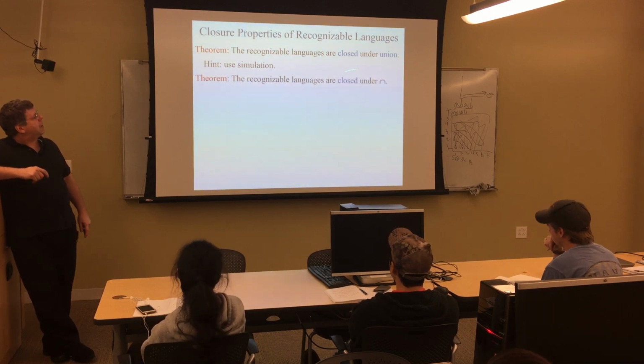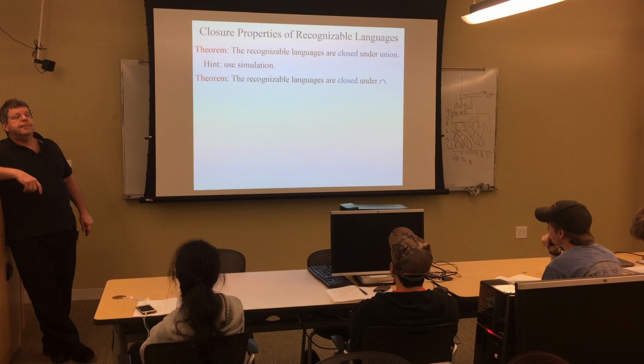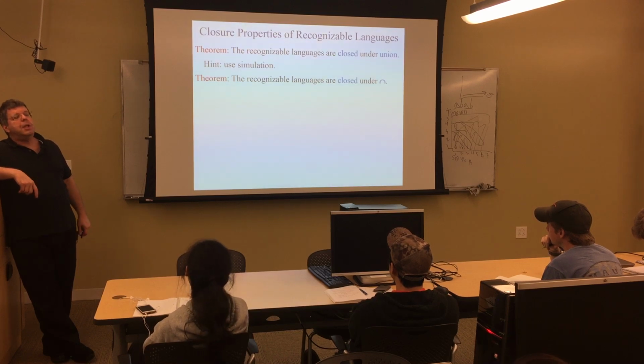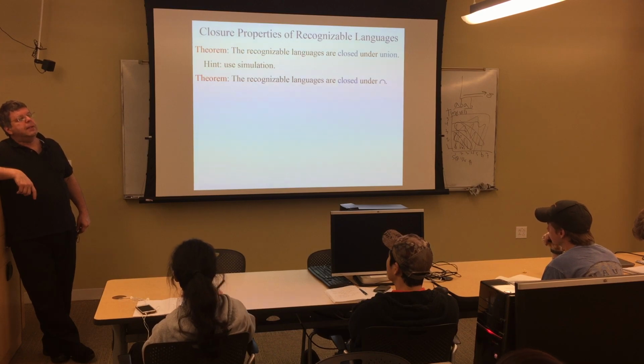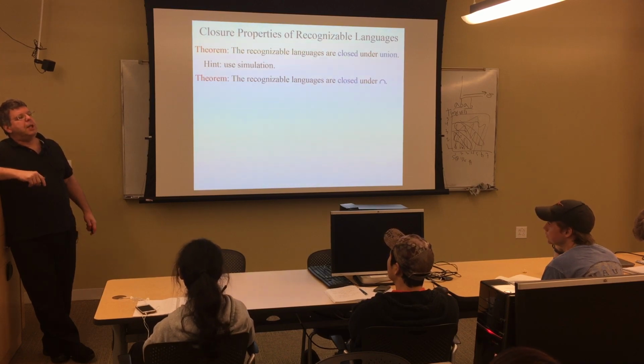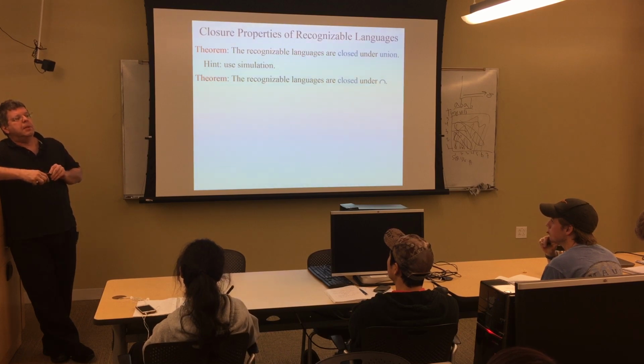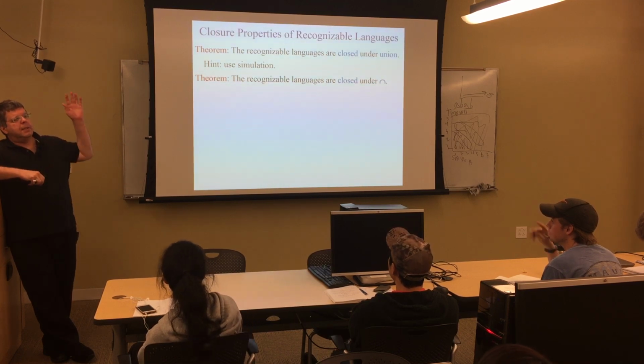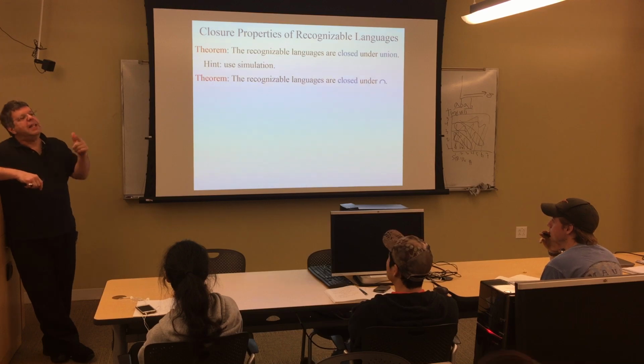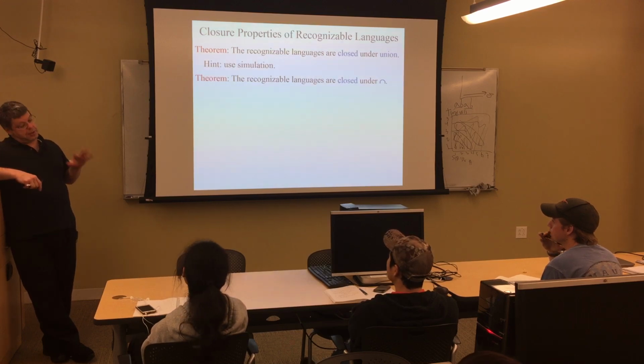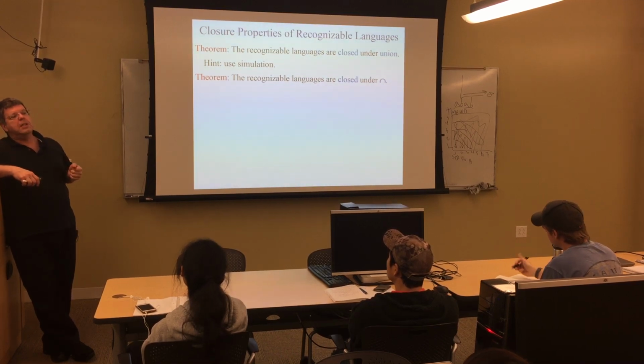Okay, recognizable languages are closed under intersection. Parallel simulation again. In fact, what about the parallel simulation? You don't need to do it in parallel this time. How many get that? Now you can simulate one and then the other. Why? Because if one accepts, it'll stop, and then you can simulate the other and wait for the other to accept, and then you can accept because both accepted, and you're in an intersection.